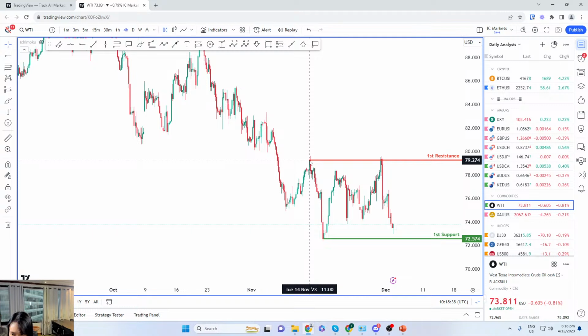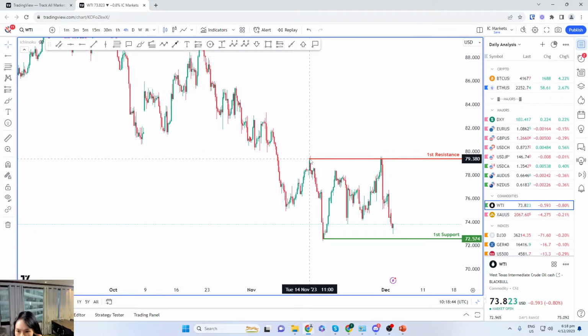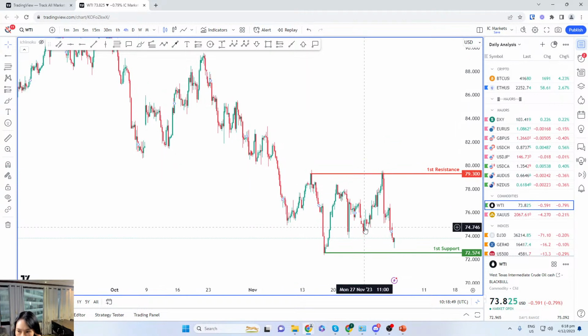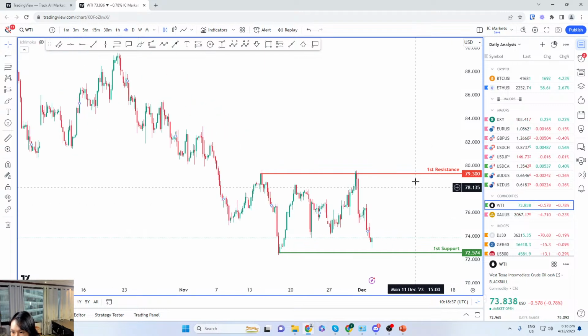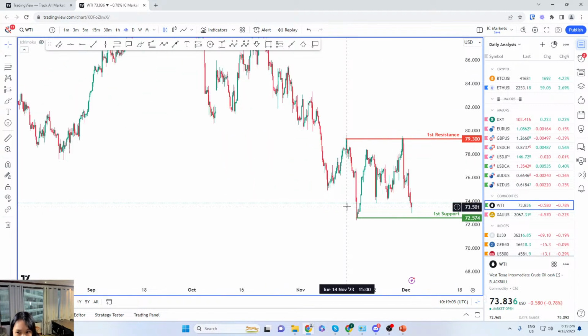I think I'll just use this as my first resistance level, because you can see the price reacts quite strongly at the 79.3 level. So I'm gonna use this as my first resistance. Let's see if the price will bounce off the first support line.